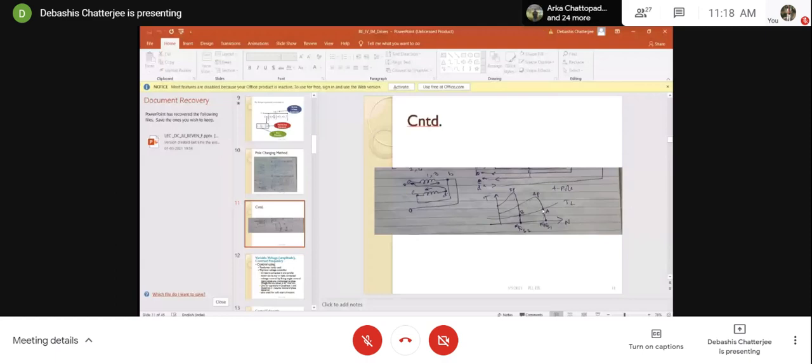So this pole changing technique was followed earlier, in the early 1900s, in the 20th century.